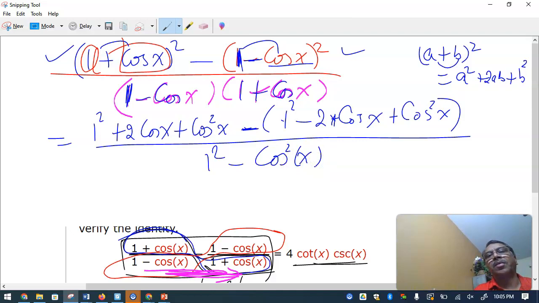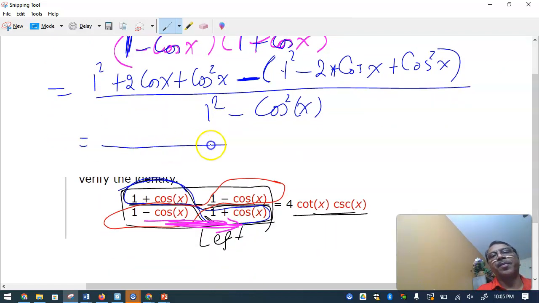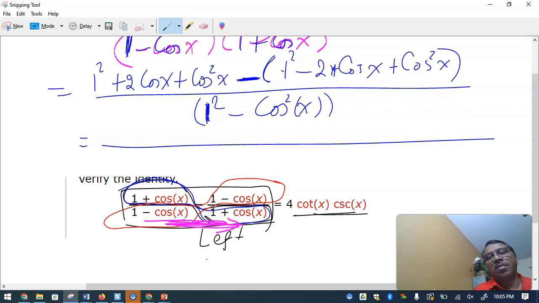Now we'll try to open this, just like multiplying 1, use the negative property. That's if we have a minus, we change all the signs. So this will be equal to a big division line. And the down part is almost like 1 square. This 1 square is 1, and 1 minus cosine square is sine square by the Pythagorean identity.